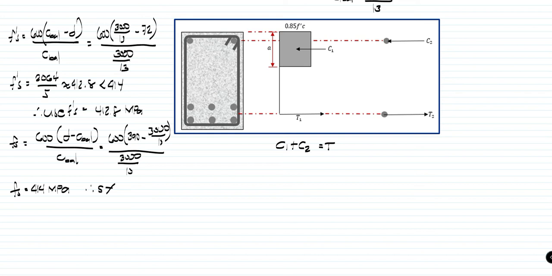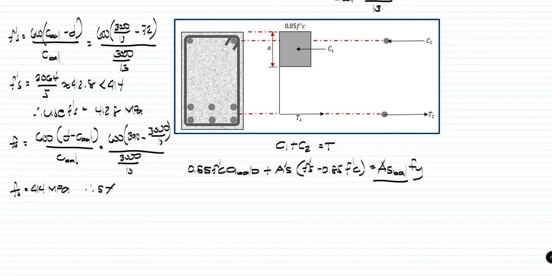So now we have C1 plus C2 is equal to T. So that is 0.85 F'c a balance b plus A's. Since we saw earlier that the steel is not yielding for the compression, that will be f's minus 0.85 of our f'c. That is equal to As balance Fy.